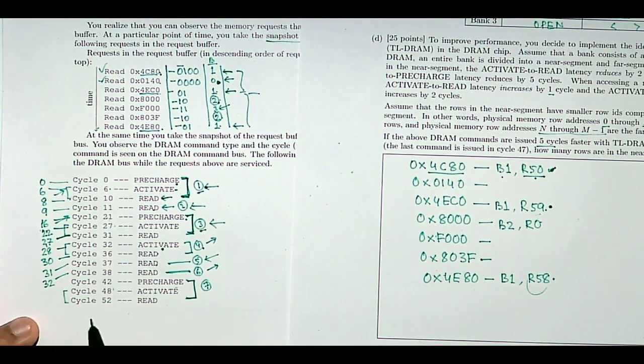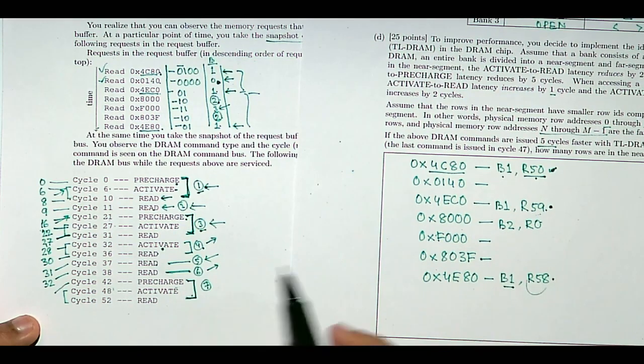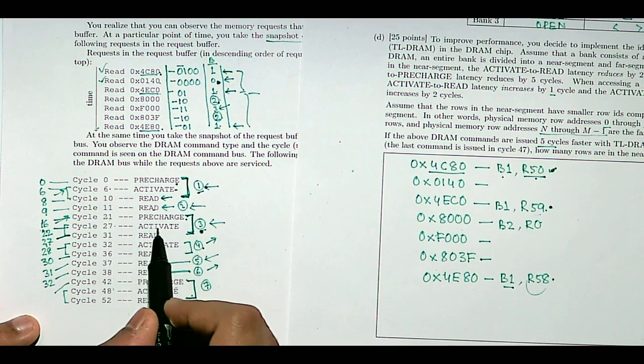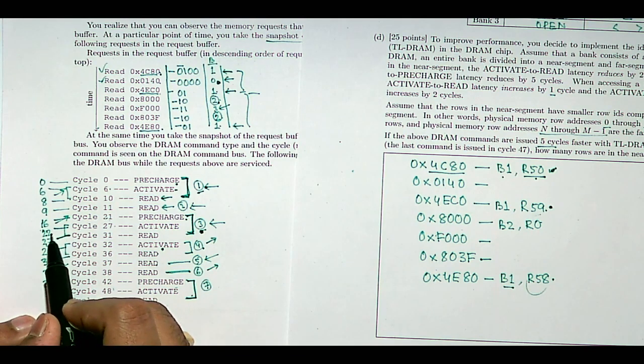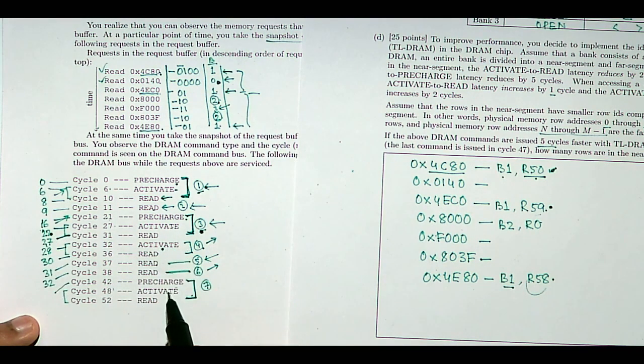Okay. Now let's see. This is a pre-charge. This pre-charge will actually happen on bank 1. Previously we accessed bank 1 in request number 3, right? So this activate actually happened at 22, right? So now we need to check the activate to pre-charge latency.